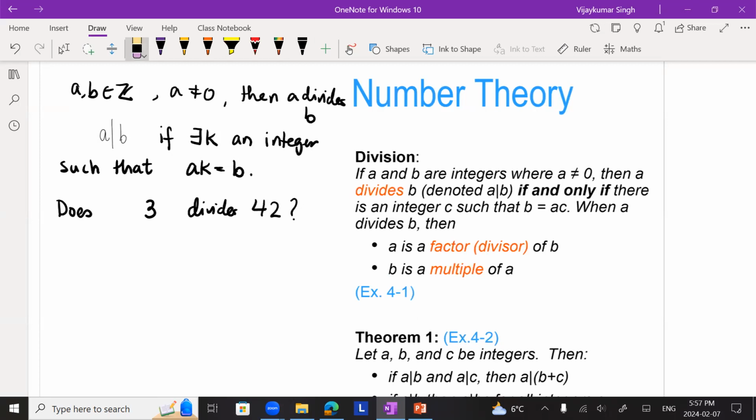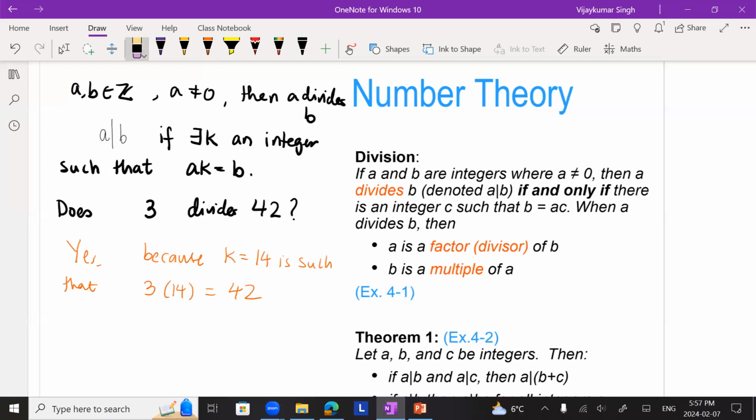Why is the answer yes? Because now we have to produce a K. So what is that K? K is 1 and then 4. So 14, right? So because K equals 14 is such that 3 times 14 equals what? 42. Okay.